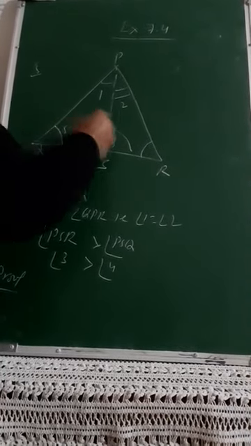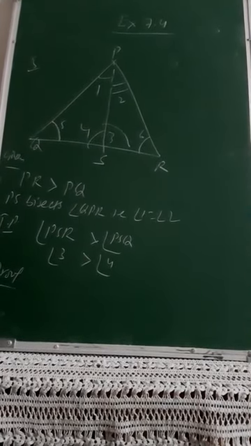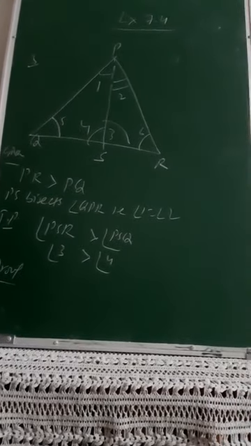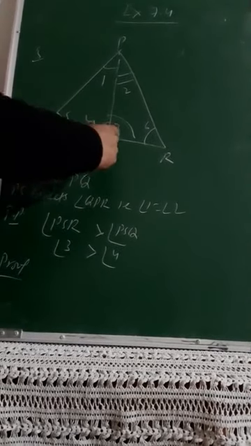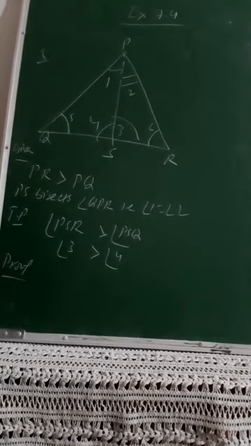Suppose I am taking this as 5 and this as 6. Now what do you think? If you need 3 greater than 4, the side opposite to 3 is PR and the side opposite to 4 is PQ.